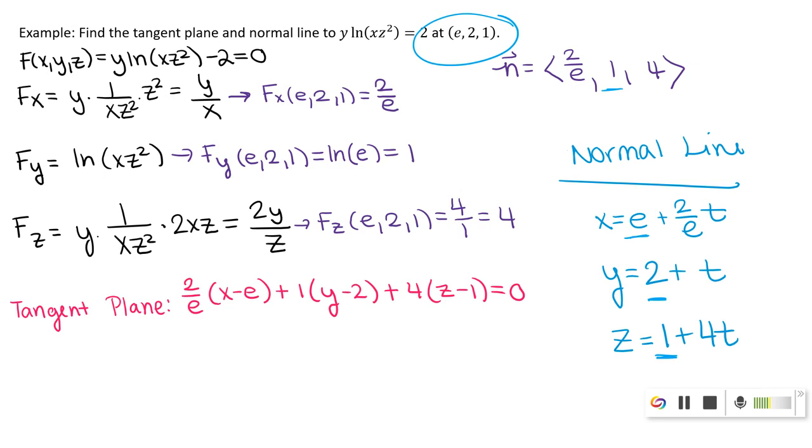So I got that equation just using the pattern we learned back in, I don't remember, probably chapter 2, when we talked about writing equations of lines in space in parametric form. So again, (e, 2, 1) is the point that it passes through, and then 2 over e, 1, and 4 is my direction vector. So nice review of some of the things we've talked about in the past here.